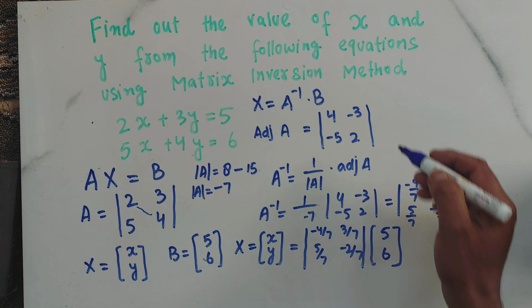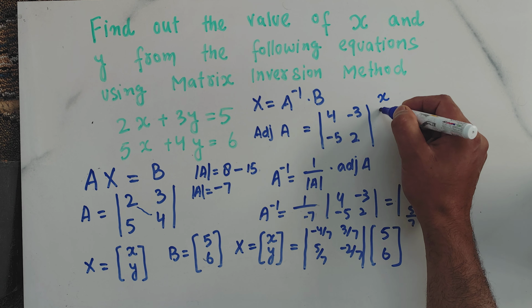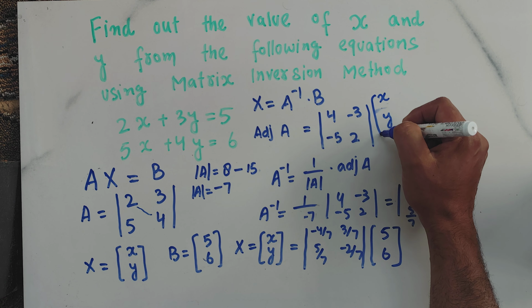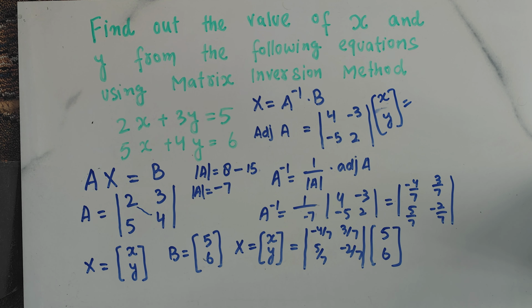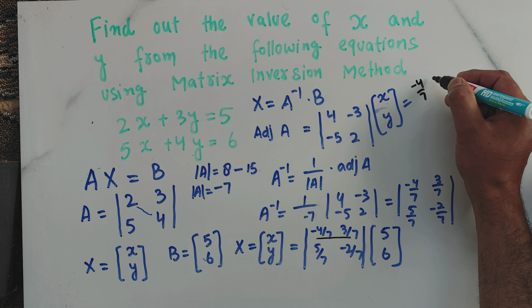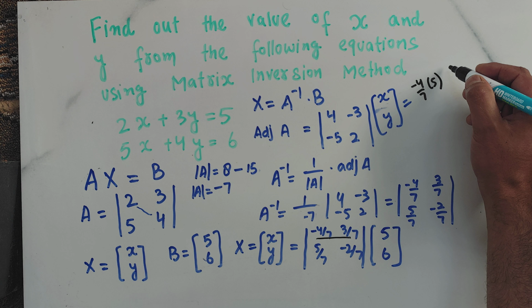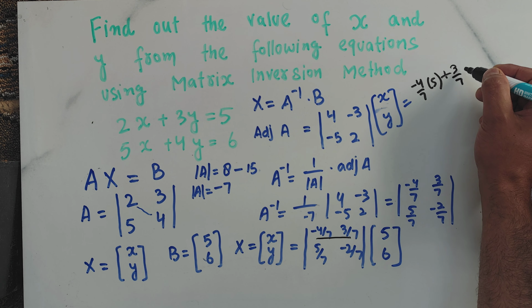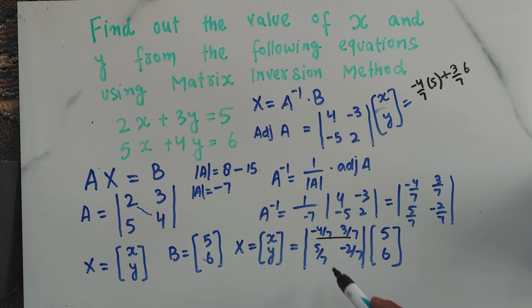So the solution vector, x and y, will be equal to, we multiply row with column. First we multiply this row and this column: -4 upon 7 times 5 plus 3 upon 7 into 6.